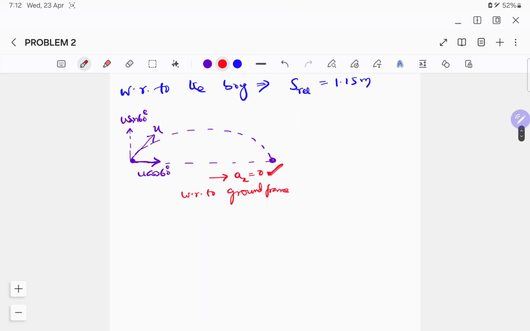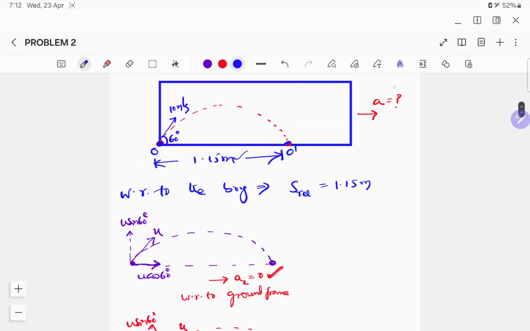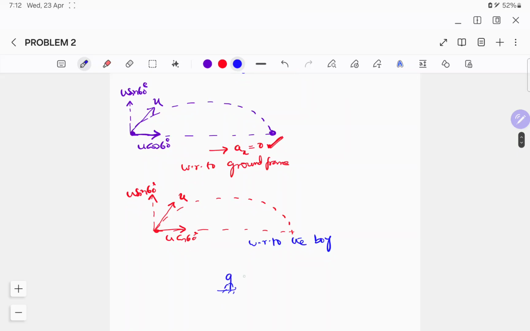But when I draw the diagram of the projectile with respect to the train frame, or with respect to the boy, with u, u cos 60 and u sin 60, basically the boy is a part of the train. As the train has acceleration, one can say the boy also has some acceleration a.